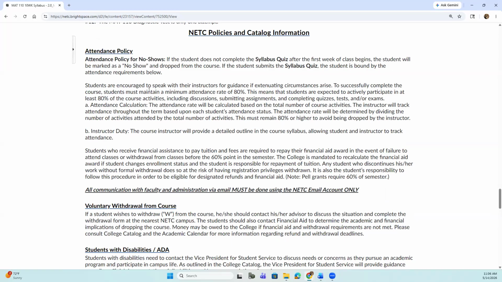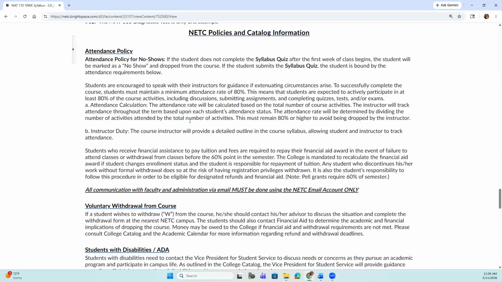Students are encouraged to speak with their instructor for guidance if extenuating circumstances arise. To successfully complete this course, students must maintain a minimum attendance rate of 80%. This means that students are expected to actively participate in at least 80% of the course activities, including discussion, homework, note-taking, and the final exam for us.